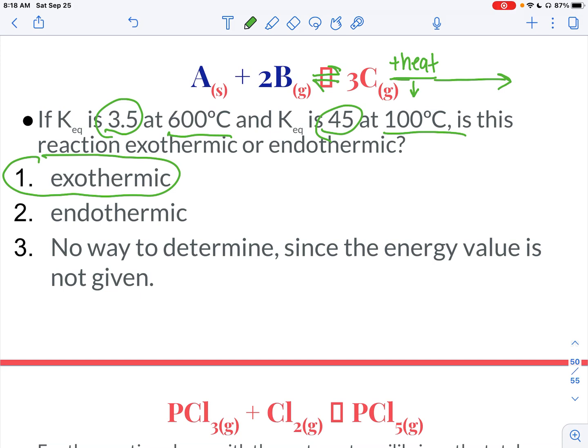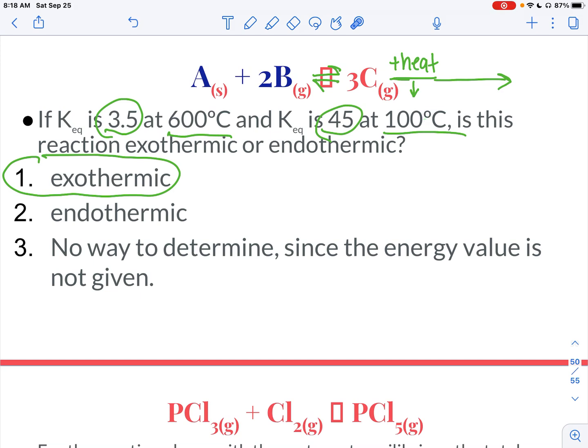So let me just explain that all again, because that was a lot. The first thing we know is that the reaction is going towards the products more because we go from 3.5 to 45. If there's an increase in K, we're going to the products. The next thing we know is that we did that when the temperature went down.